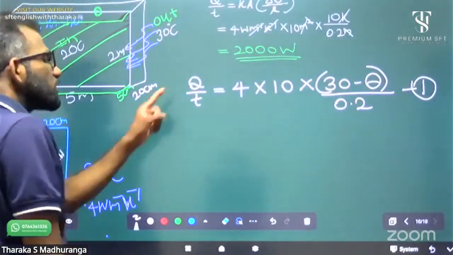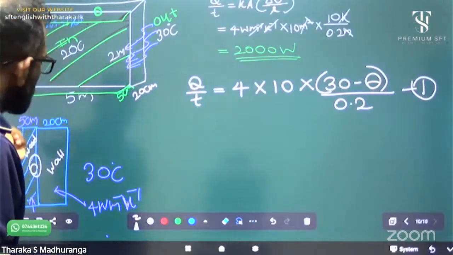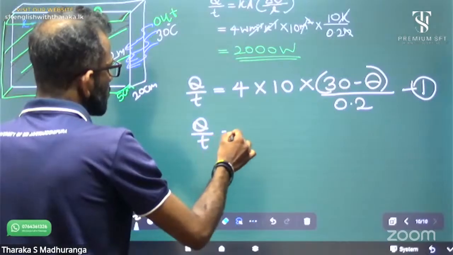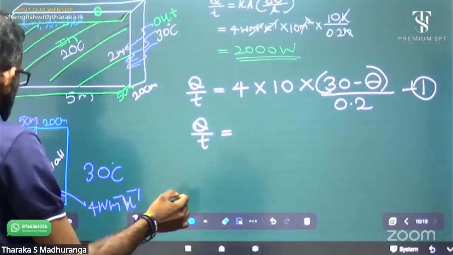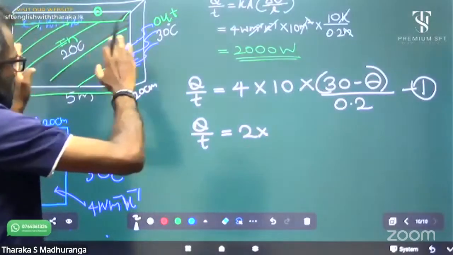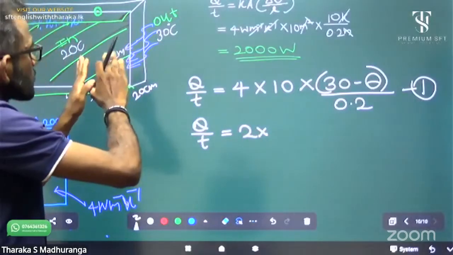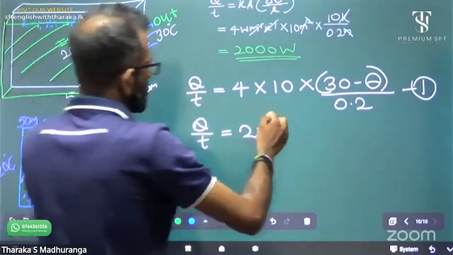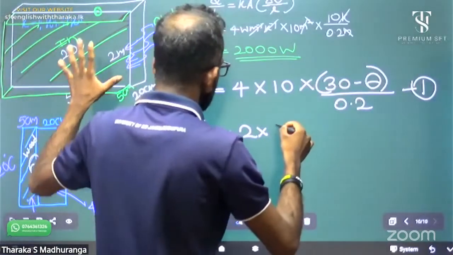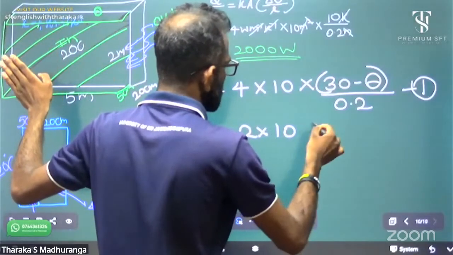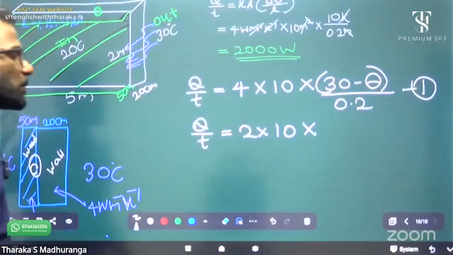Okay, I'm going to get the thermal conduction rate in the second step for the wooden layer. Q over T equals the thermal conductivity of wood, it is 2. The cross section area is the same now because the wooden layer covers the entire wall, it is 10, into the temperature difference.